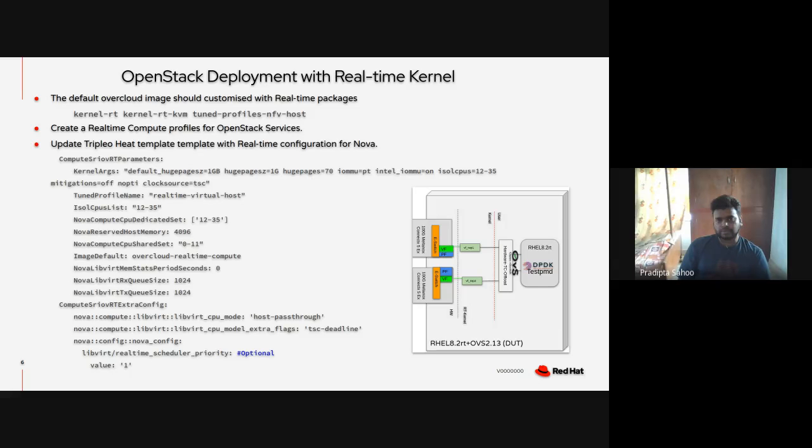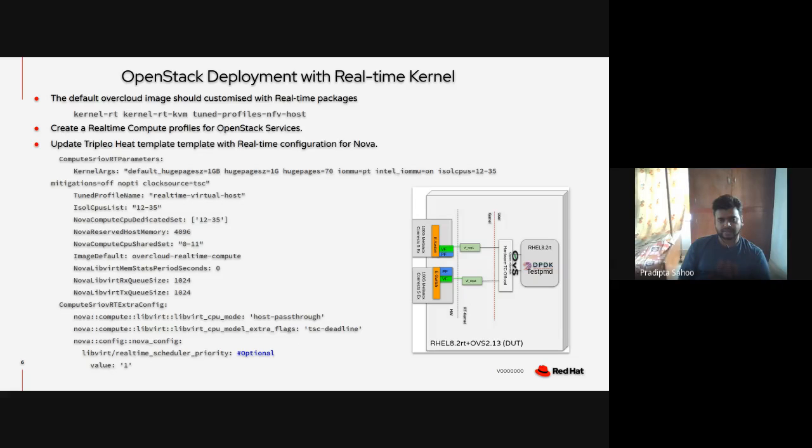Coming to the deployment part, since this is a TripleO-based OpenStack deployment, the TripleO deployer mainly deploys the overcloud environment with the default cloud image. The default cloud image is not upgraded with the real-time kernel, so we need to customize the default image with the real-time kernel and the CPU tuned profile packages.